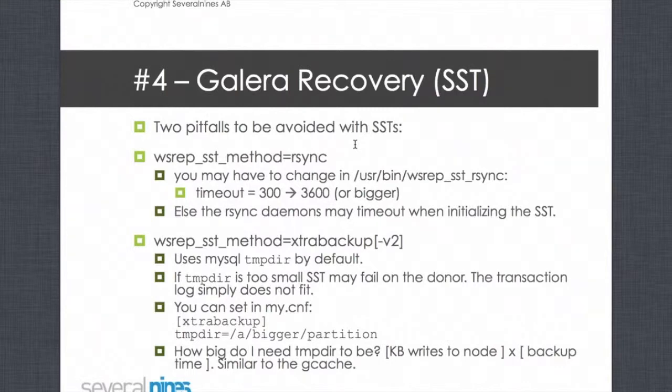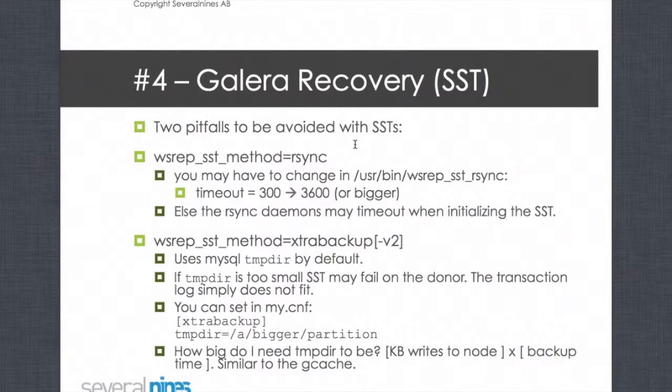Another thing that we often get questions about is, what if the recovery would fail? How do we handle a failed recovery? Well, one thing to start looking at is going from left to right.